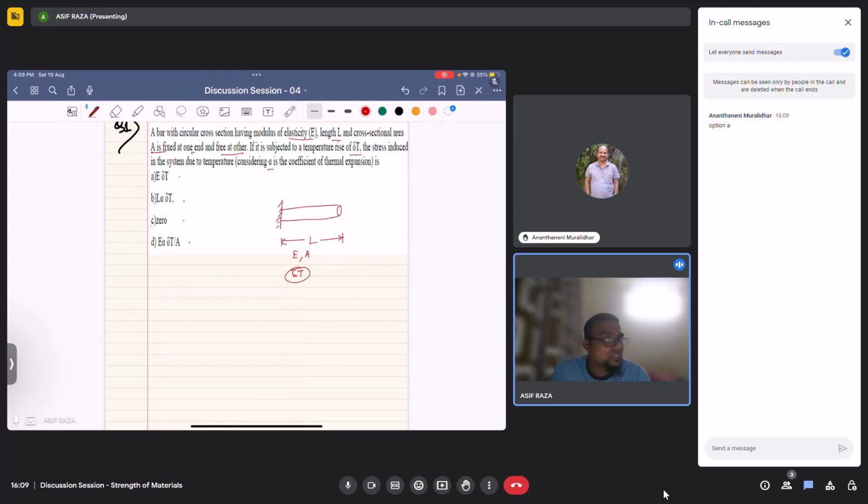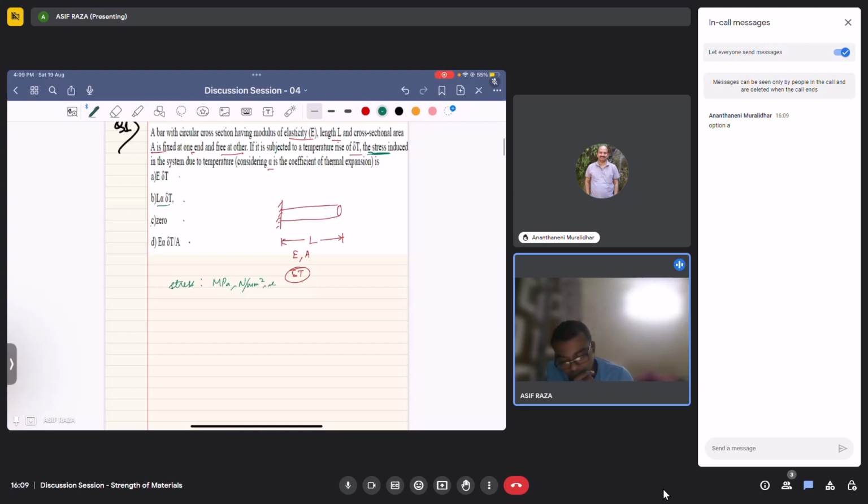Let us see. I can give the answer directly, but we can eliminate the options also. First of all, let us see whether option B would be correct or not. Dimensionally, the question asks for stress, and stress unit would be megapascal or Newton per mm square.